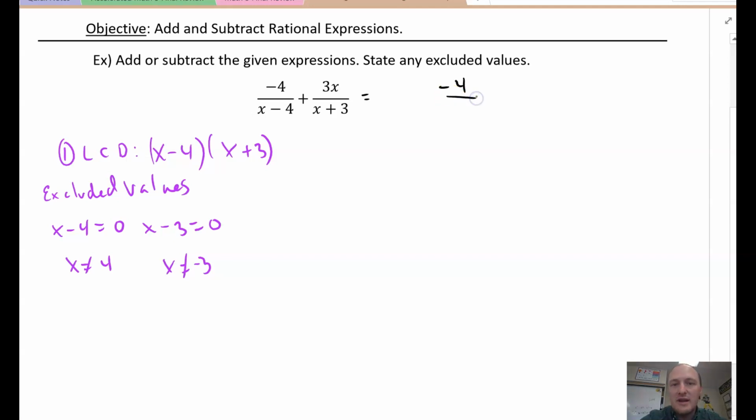So we have -4 over x minus 4 plus 3x over x plus 3, and I say, okay, what's missing? The x minus 4 is missing the x plus 3, and the 3x over x plus 3 is missing the x minus 4.